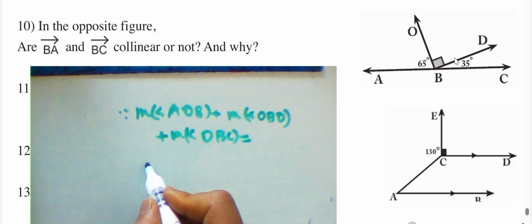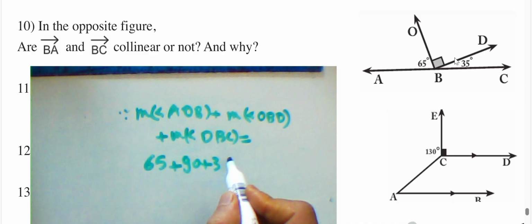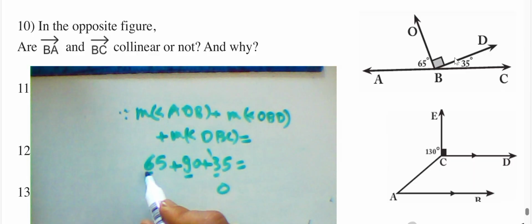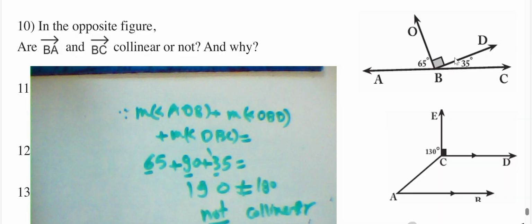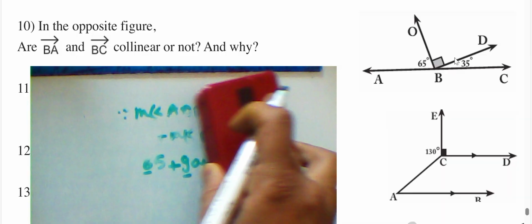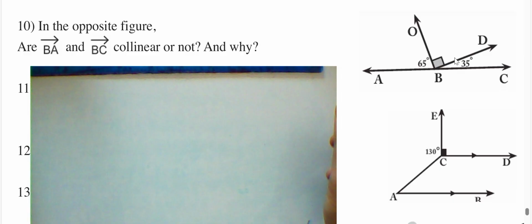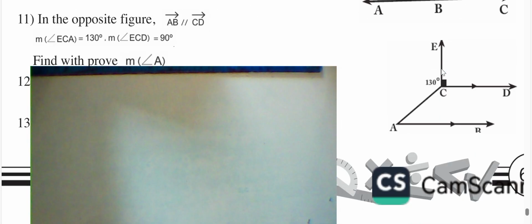They are equal 65, 90, 35. 5 plus 5 is 10, 0 and carry up 1, 4 plus 9 is 13, 13 plus 6 equals 19, not equal to 180. They are not collinear because the summation of the angles will be 190, greater than 180. Okay, next question.